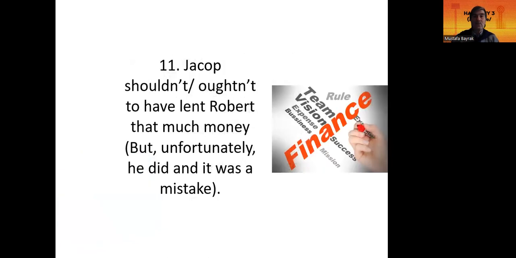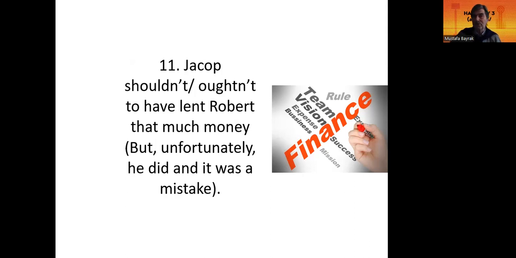Okay. Jacob shouldn't or ought to is also possible, but it is really difficult to say. Jacob ought to have lent Robert that much money. But if you say it again and again, it will be easier maybe. But again, also native speakers say that shouldn't is mostly preferred.